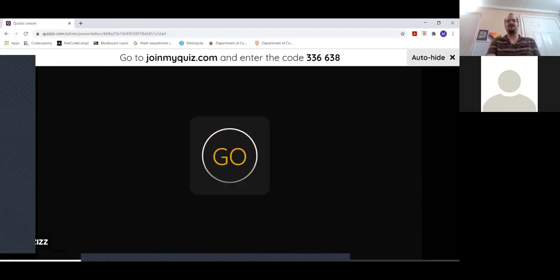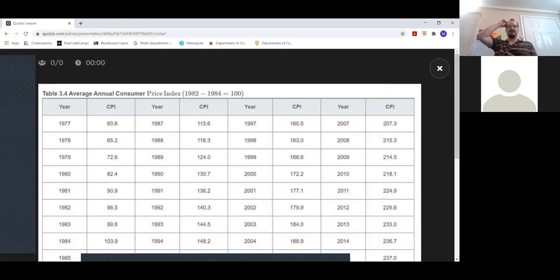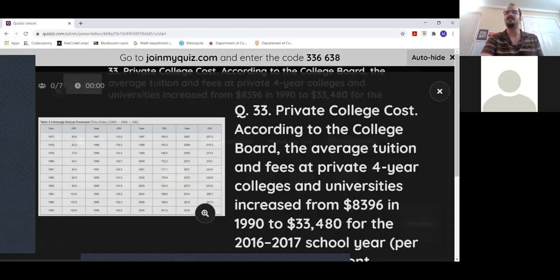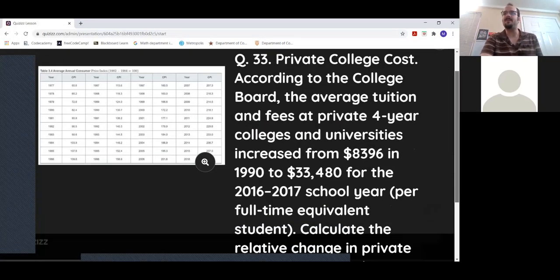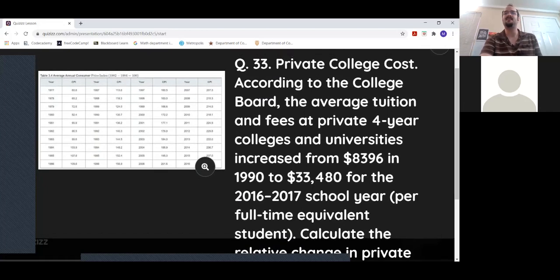The next thing is we want to find inflation. So in order to find inflation, I had to tack on this table again. We are going from 1990 to 2016.